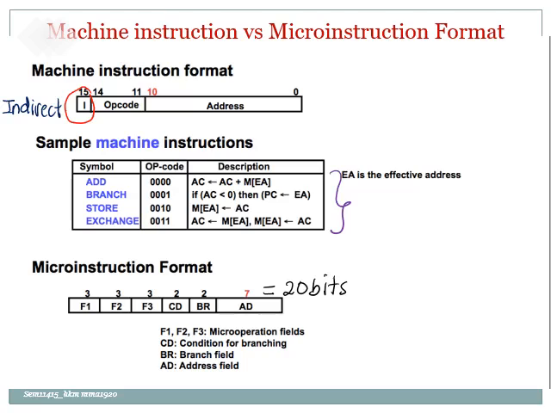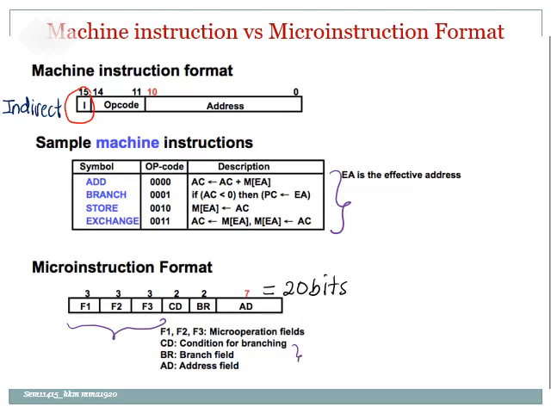Now we are going to concentrate on the micro instruction format. F1, F2, F3 are the micro operation fields that I told you about, where in vertical format we can have from 1 up to 3 micro operation fields, micro operations that we can perform at one time.